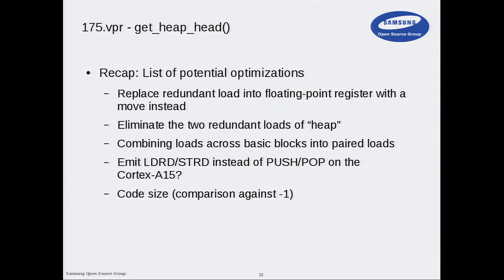And on function entry, GCC is combining the 2 loads into a single paired load, that's definitely something interesting. And emitting paired loads and stores rather than load and store multiple instructions, that's something to think about. I haven't really measured it, but I guess it's faster. Code size, yeah, I think that's a nice optimization to have.